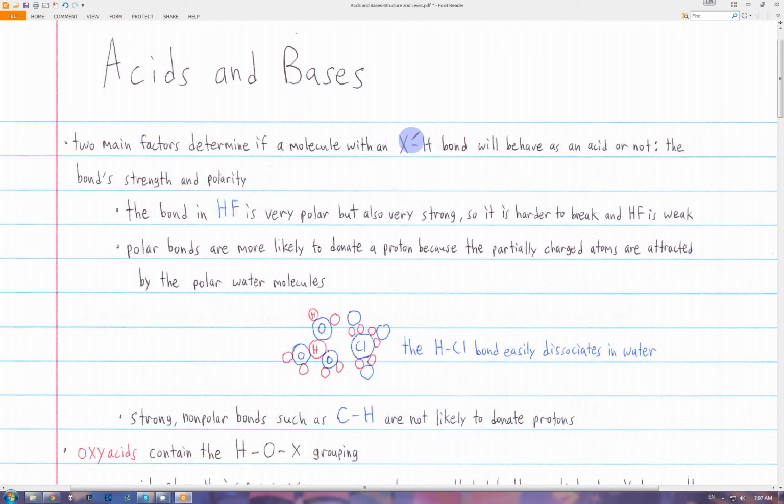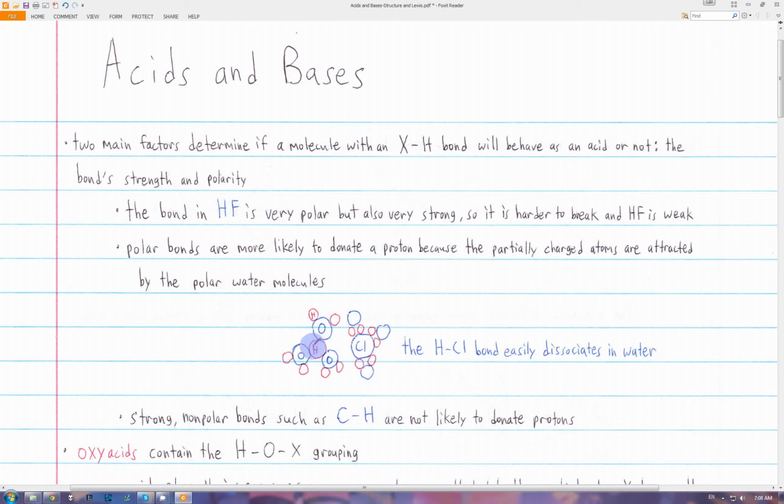In general, the more polar the bond is between the hydrogen and another atom, the more easily it will break in water. Because as you can see here, in hydrochloric acid, the polar HCl bond easily dissociates, since the polar water molecules are attracted to different ends of the polar bond.